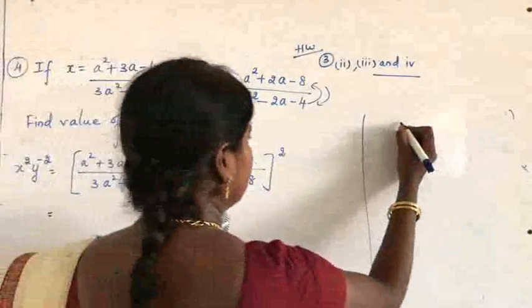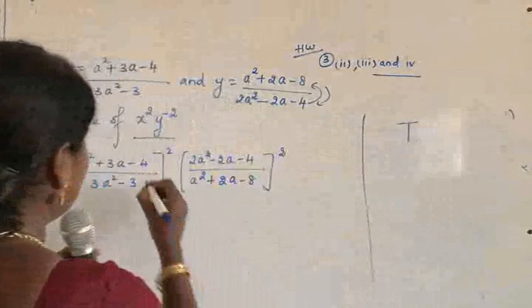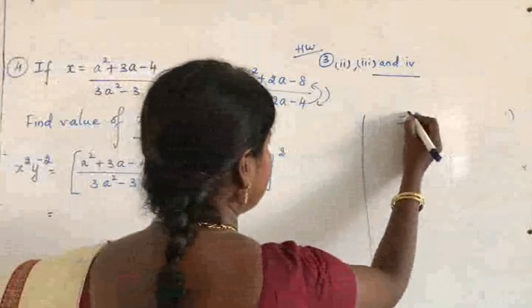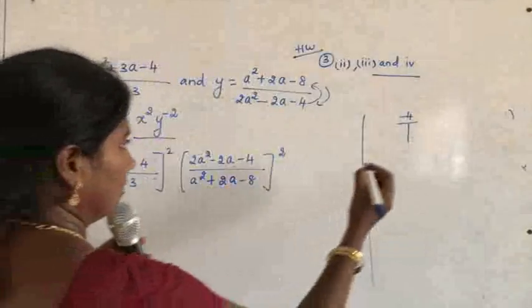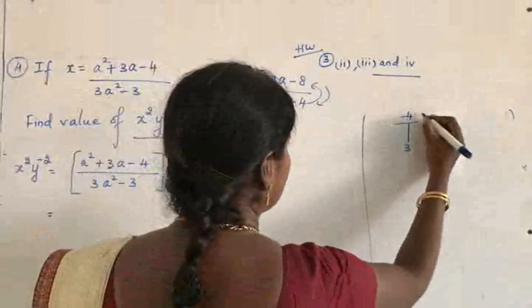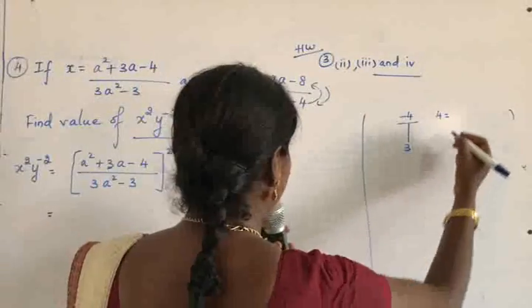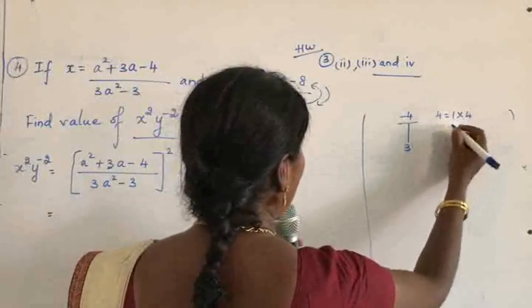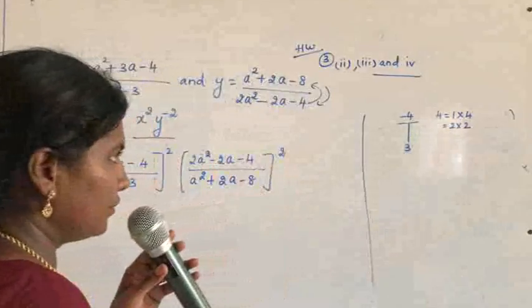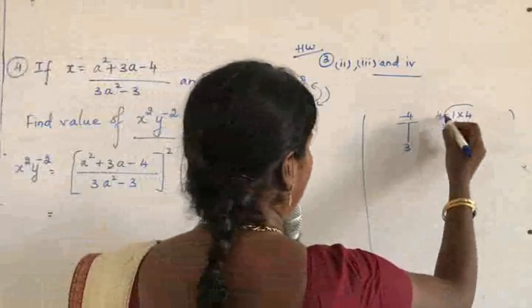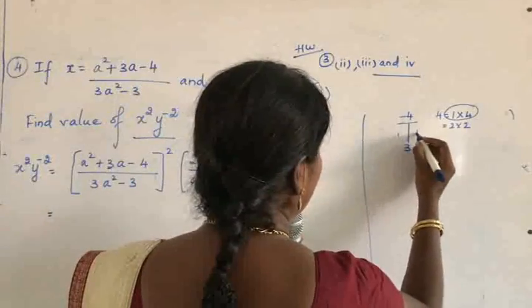So use the T method. What is the constant term? Minus 4. What is the coefficient of the middle term? Plus 3. So write here 3. Express 4 as a product of two numbers: 1 into 4, 2 into 2. So what numbers are you going to choose here? 1 and 4.